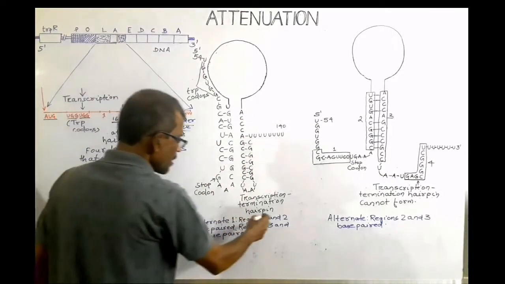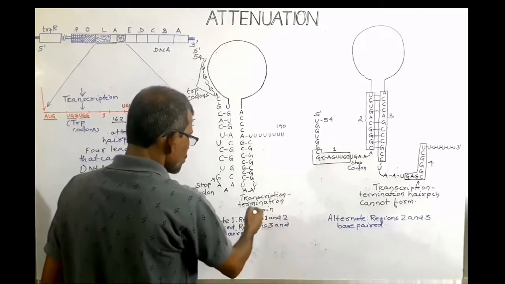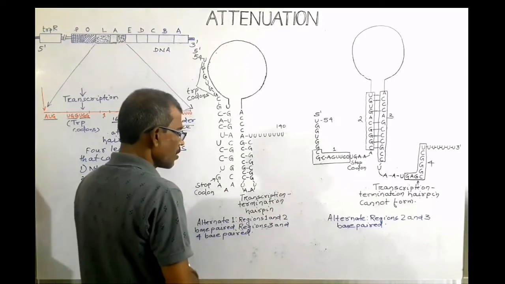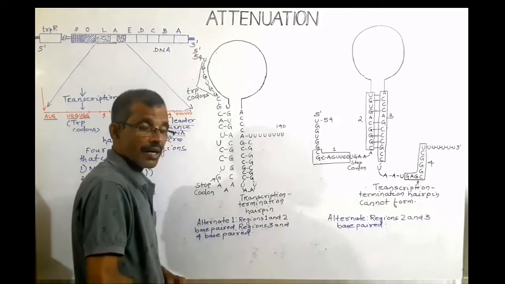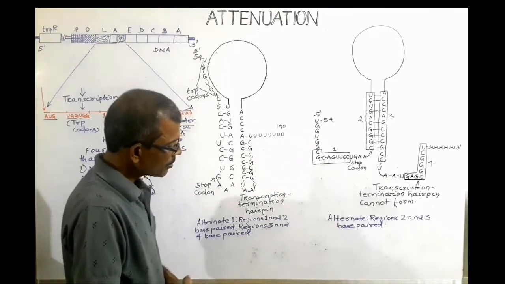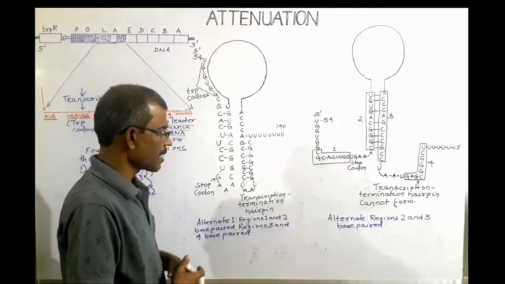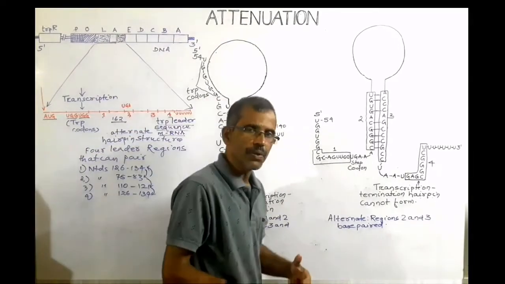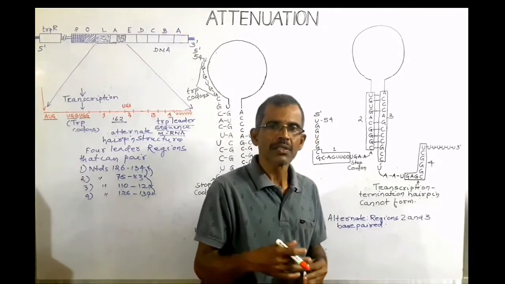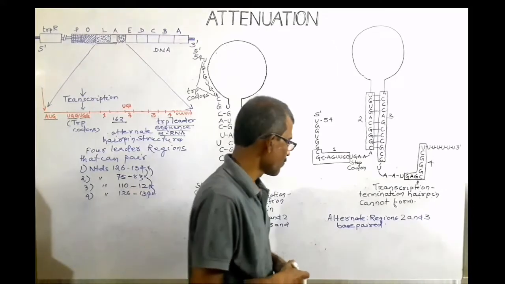Such base pairing can cause the termination of the transcription. The second type of secondary structure can also be formed, which cannot cause the termination of transcription.